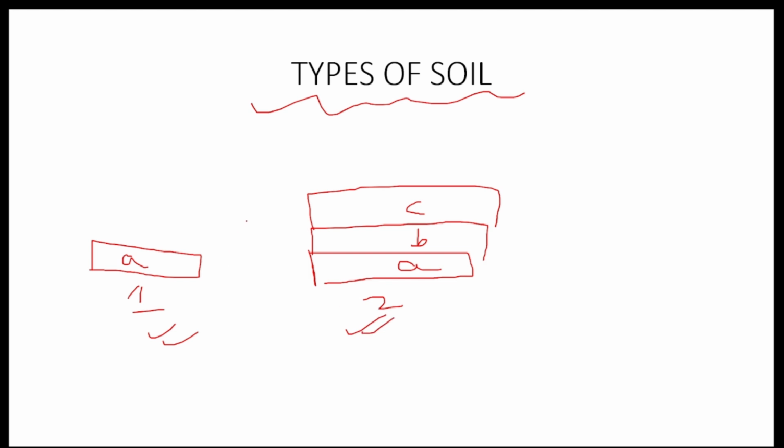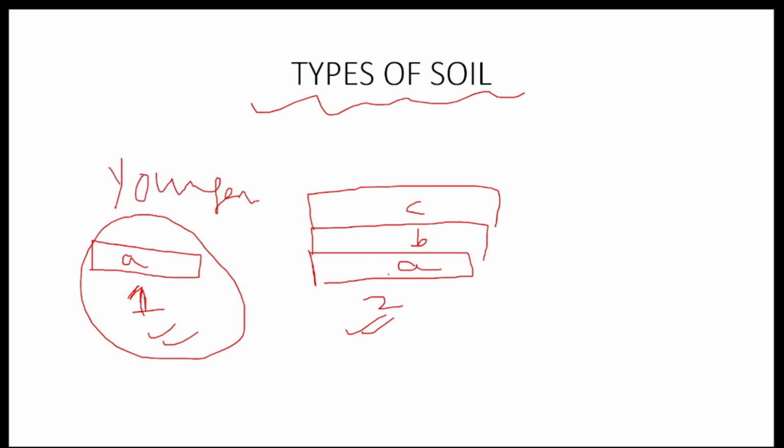If you said number 1 is the younger, then you are absolutely correct. Why? Because we do not see so many layers deposited again and again here. That means there have not been so many events of deposition. That means it is younger as compared to number 2, and number 2 is older as compared to number 1.